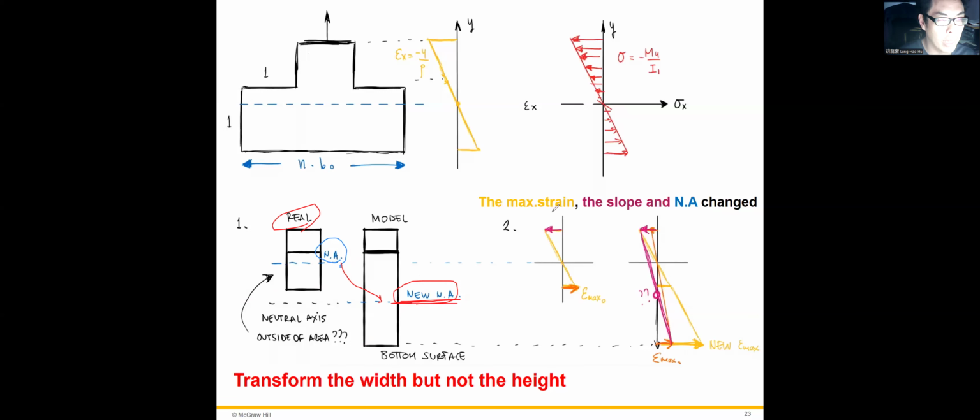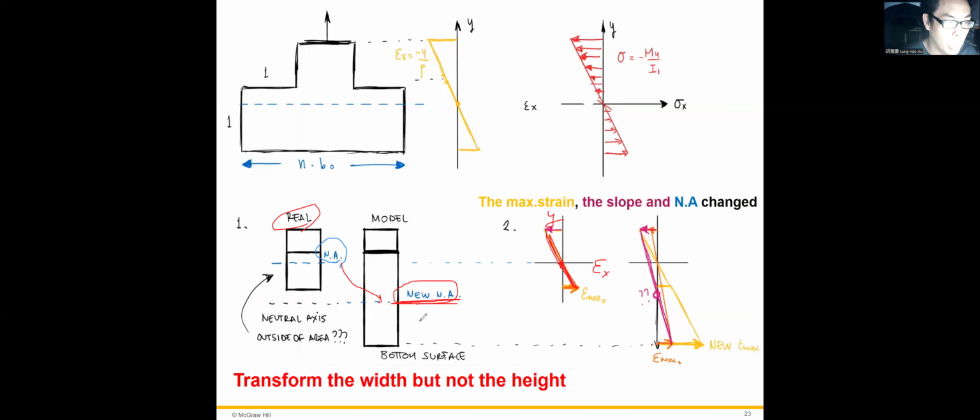Suppose we look at the figure of epsilon x versus y. It should be linear, and the strain should be 0 at the neutral axis. Suppose we modify it and just enlarge the height.